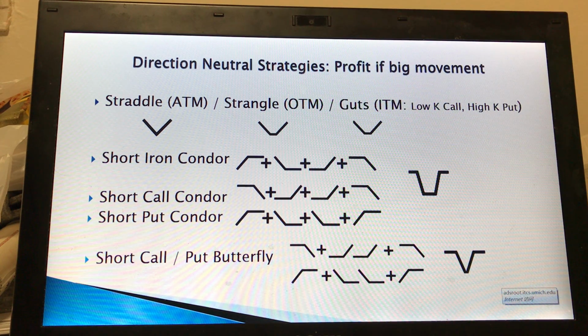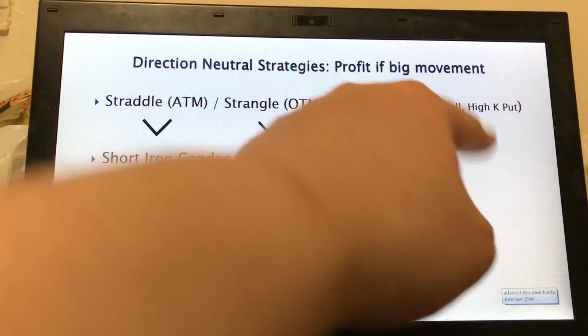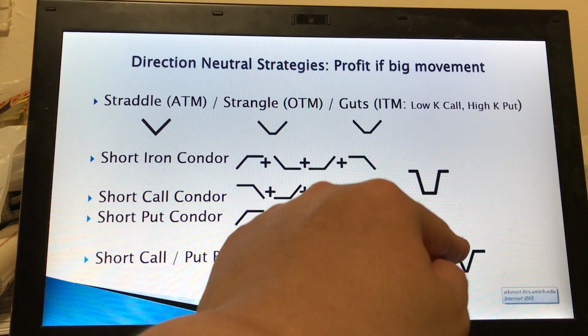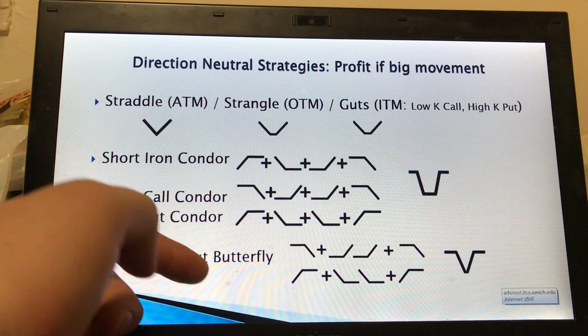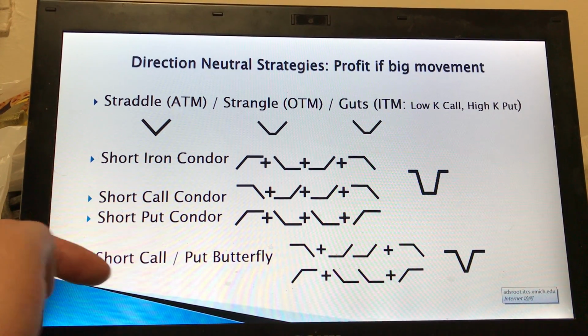So if you think that the stock will make a very big movement, and that it will go over a certain point, like this or this and this or this, you can do a short iron condor or a short butterfly.